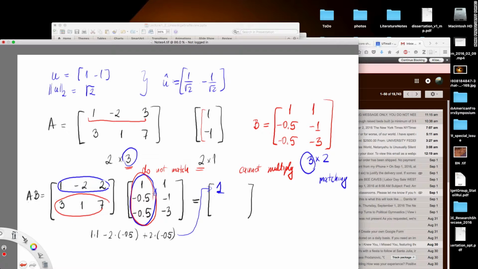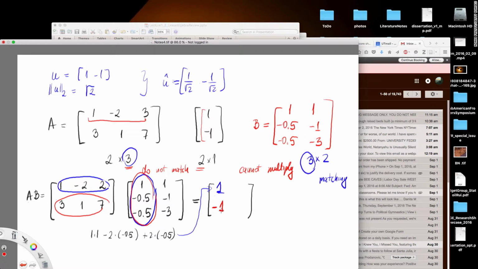So that's going to be 3 times 1 minus 0.5, that's 2.5, and then minus 3.5. That's 2.5 minus 3.5, which is minus 1. So I'm now done with the first column vector.